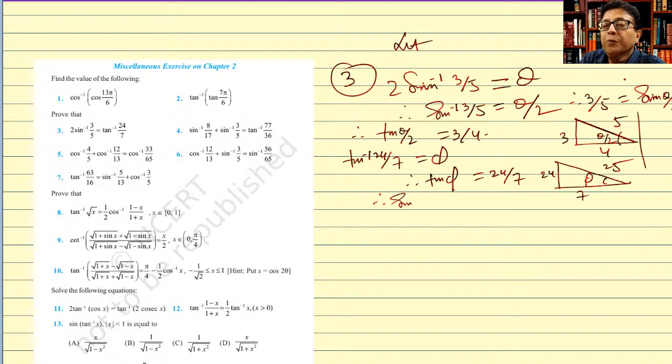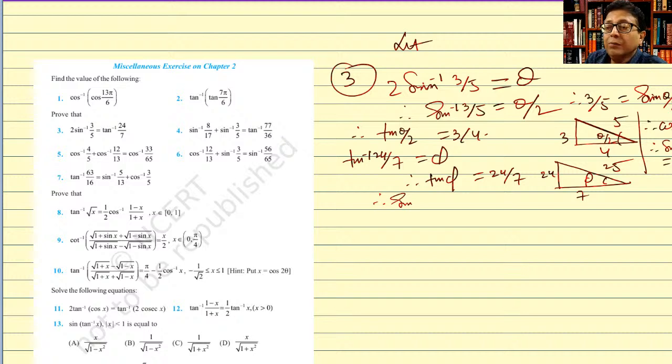So from sin theta by 2, you get cos theta by 2 first. It will be 4 by 5 from the triangle. Now sin theta is what? You understand? 2 times 3 by 5 times 4 by 5.